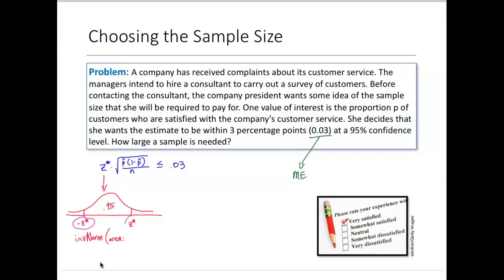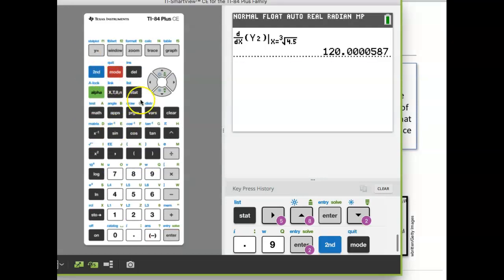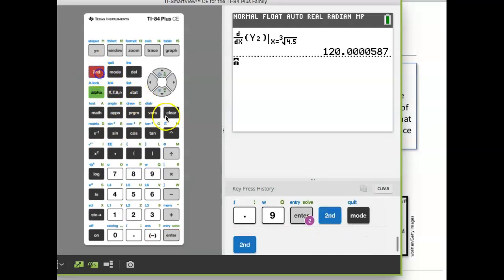0.025. So if I want to find this one, I need to enter all that area, which is 0.95 plus 0.025, so 0.975. And then our mean is 0 and our standard deviation is 1. All right. So that's going to be in your distribution menu.